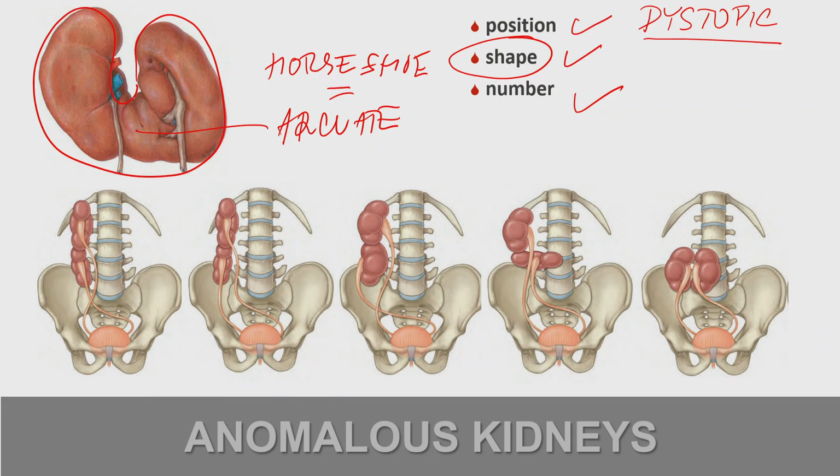Then we could also have an upside down horseshoe, or a sigmoid, or a rounded discoid kidney, or the kidney could be shifted to the other side, or also with over-rotation. So those are anomalies. Remember, horseshoe, discoid, and this one forming S, so sigmoid.